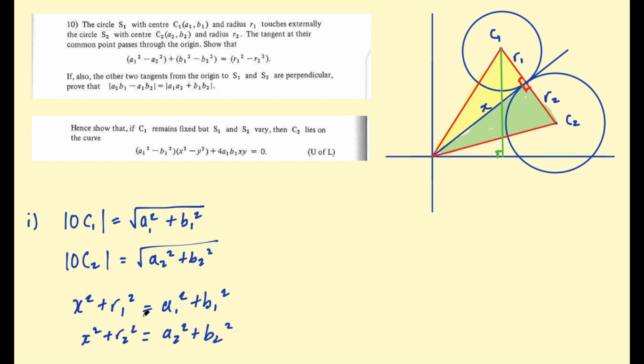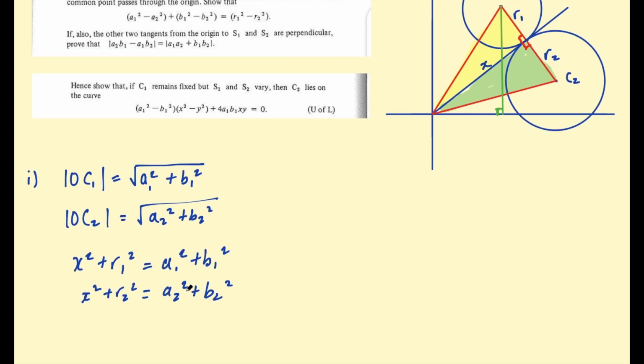And then we can relate these two equations because we know that x squared equals A1 squared plus B1 squared take R1 squared, and it also equals A2 squared plus B2 squared take R2 squared.